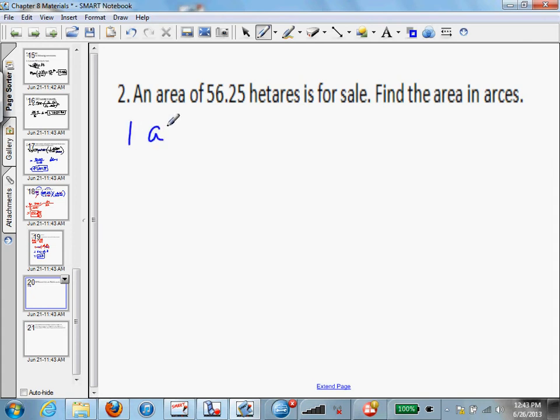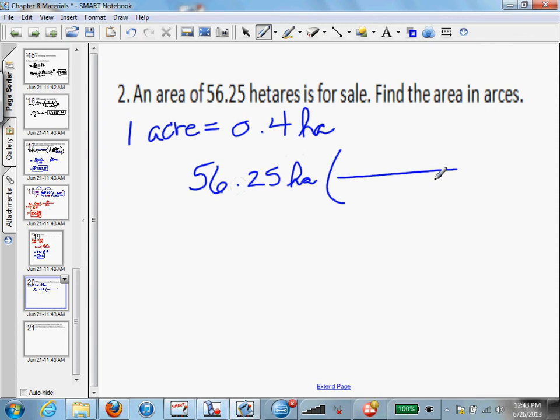So 1 acre equals 0.4 hectares. So to convert 56.25 hectares, you want to multiply where hectares would be on bottom and acres would be on top.